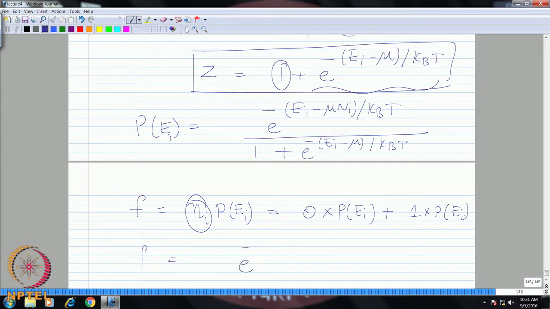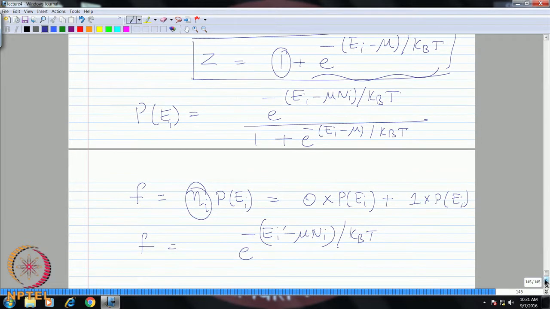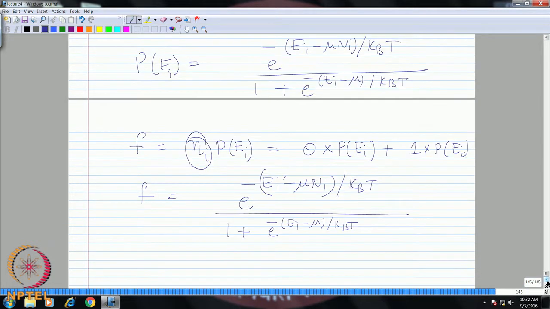So, you have the same as what we have written here, e power E of I minus mu n I by kBT, divided by 1 plus e power minus E by kBT.